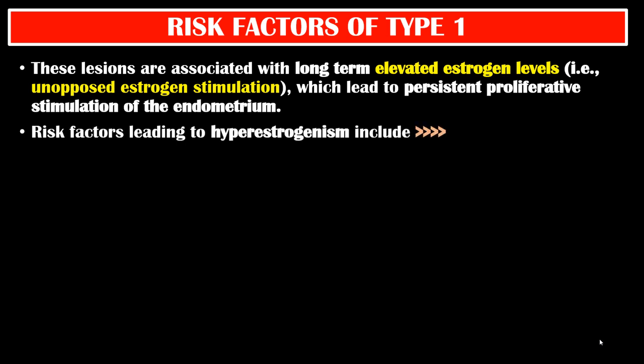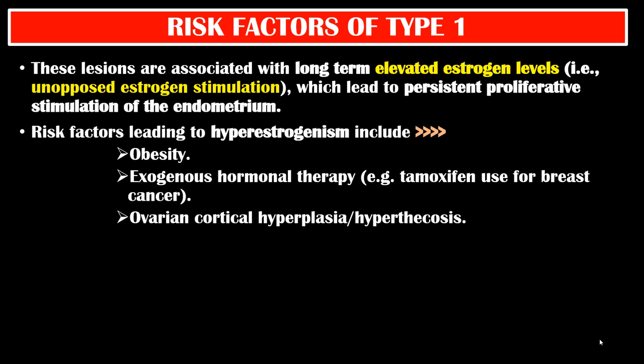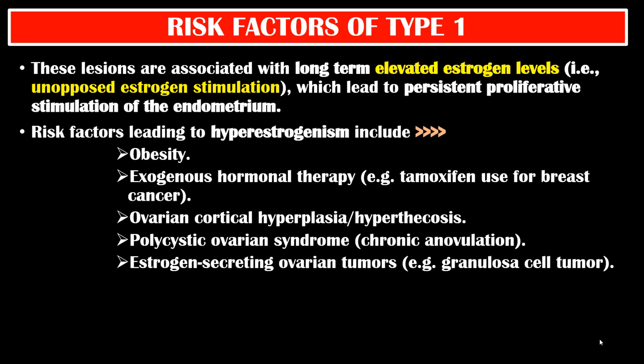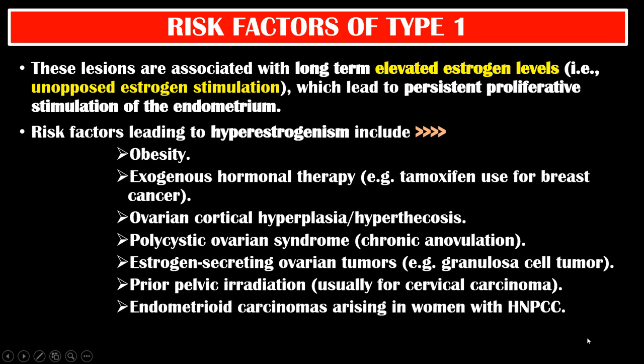Risk factors leading to hyperestrogenism include obesity, exogenous hormonal therapy such as tamoxifen used for breast cancer, ovarian cortical hyperplasia, hyperthecosis, polycystic ovarian syndrome, chronic anovulation, estrogen secreting ovarian tumors, for example, granulosa cell tumor, prior pelvic irradiation, usually for cervical carcinoma, endometrioid carcinomas arising in women with hereditary non-polyposis colonic carcinoma. It is called Lynch Syndrome.